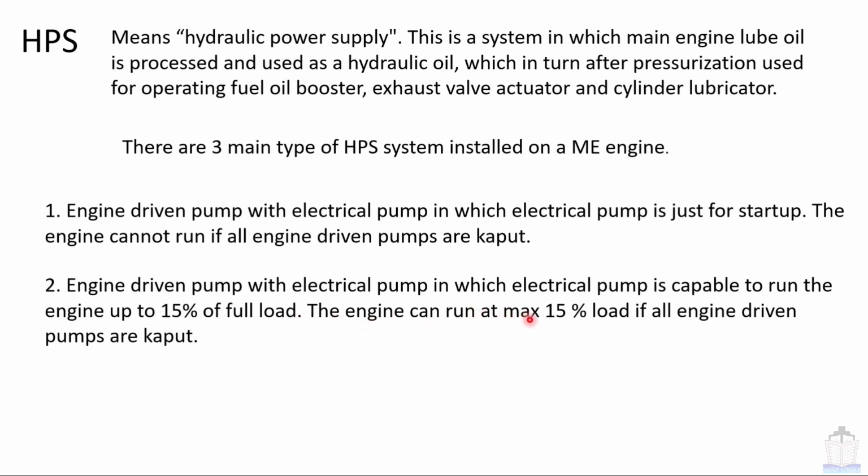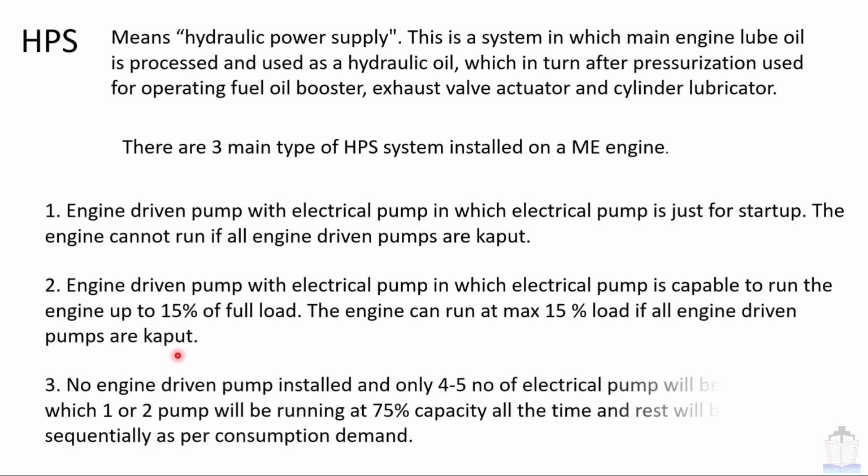The engine can run at maximum 50% load if all engine driven pumps are kaput. And last, the third one, no engine driven pump is installed and only 4-5 electrical pumps will be there, out of which 1 or 2 pumps will be running at 75% capacity all the time and the rest will be started sequentially as per consumption demand. So these three types of configuration you will find in the HPS system.